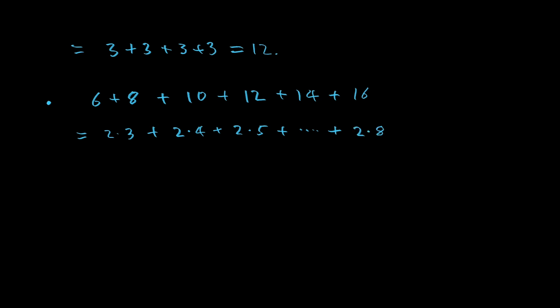So we have a common factor of 2 in all of the terms, and what seems to be changing with each term is just the number that's being multiplied by 2. So that's a good indication that the number that's changing by 1 in each successive term is the one we should make a dummy variable. Let's express this in sigma notation.